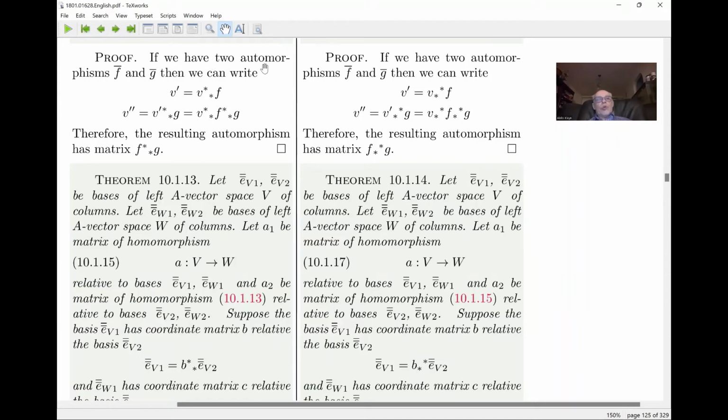If you have two automorphisms F and G, then you can write V' equals V CR F, V'' equals V' CR G equals V CR F CR G. Therefore, the resulting automorphism is the matrix F CR G.